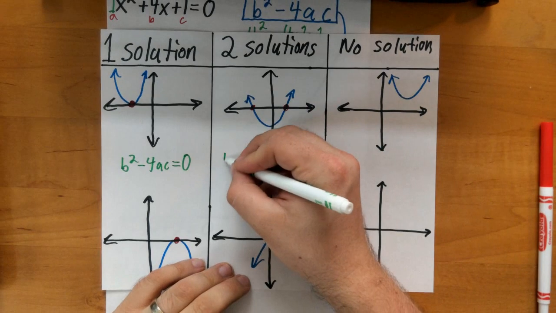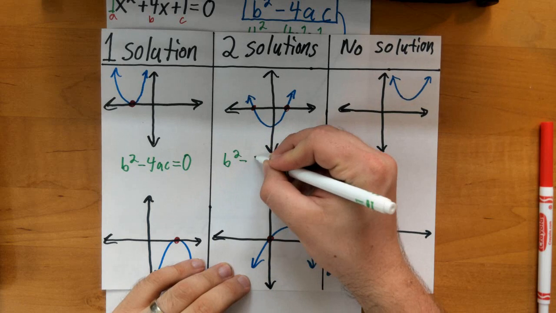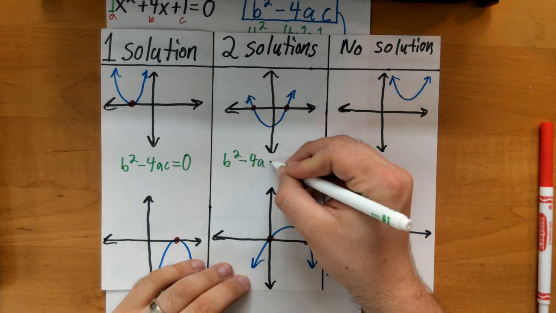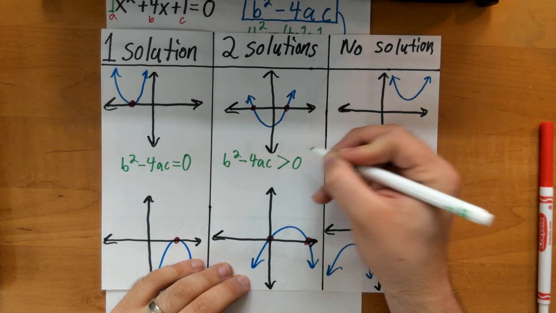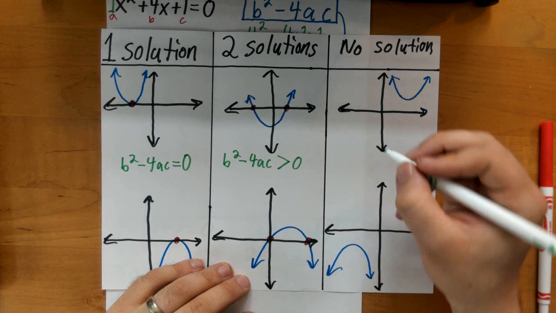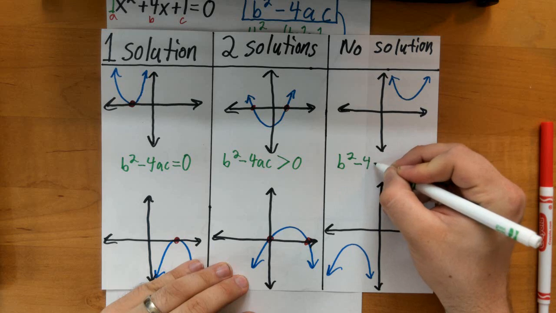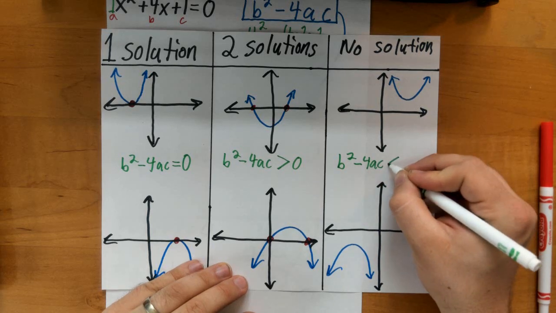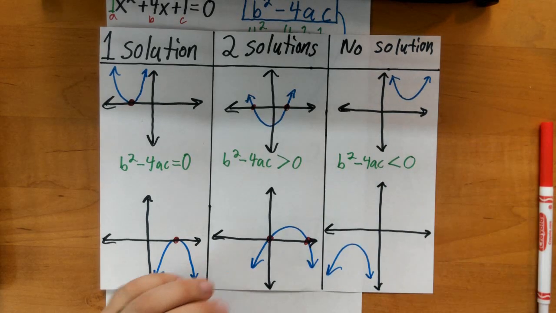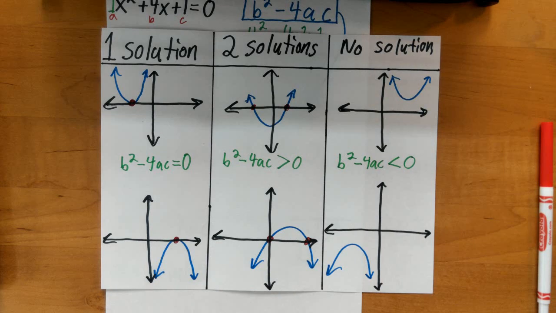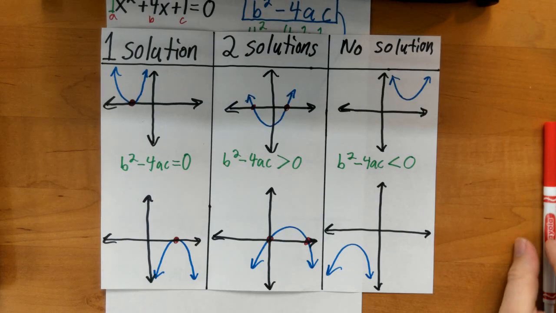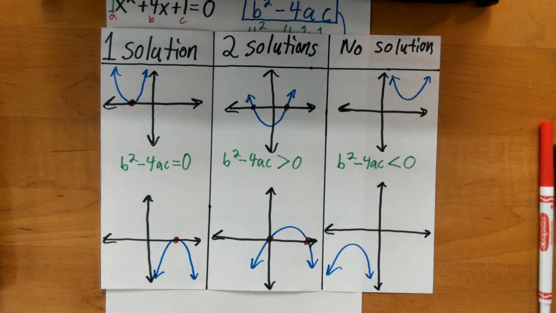Whereas with two solutions, your discriminant, the b squared minus 4ac, is going to be greater than 0, or a positive number. And in that last example we saw, the b squared minus 4ac came out to be negative, or less than 0. That means no solutions. So the discriminant can determine the number of solutions that we saw in this video.